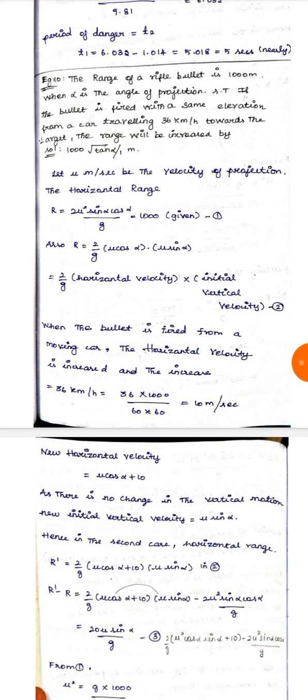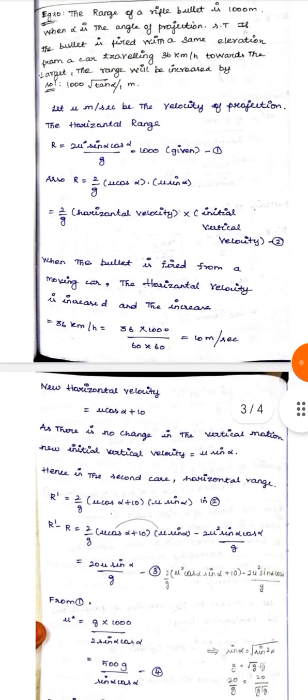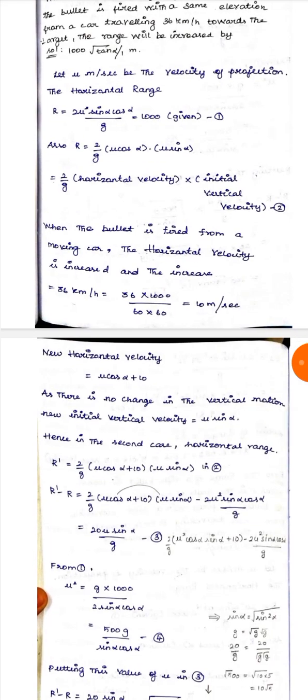Now the horizontal velocity is increased, so its value is u cos alpha plus 10. As there is no change in the vertical motion, the new initial vertical velocity equals u sin alpha. Now we substitute these new velocities in equation 2.